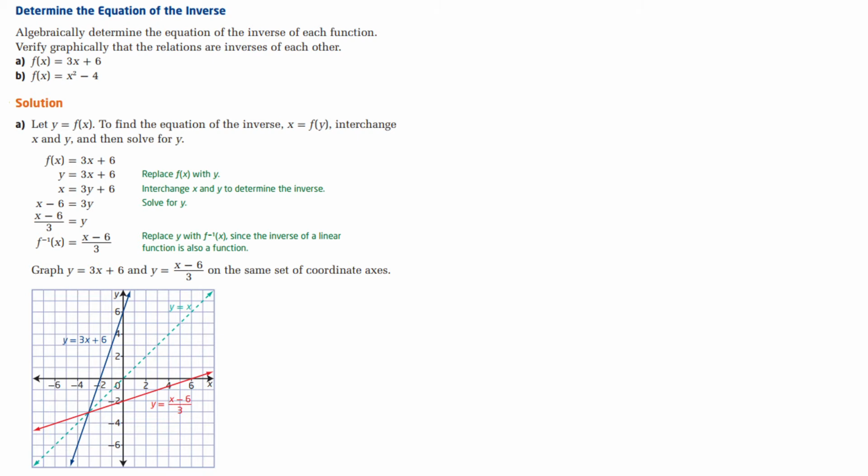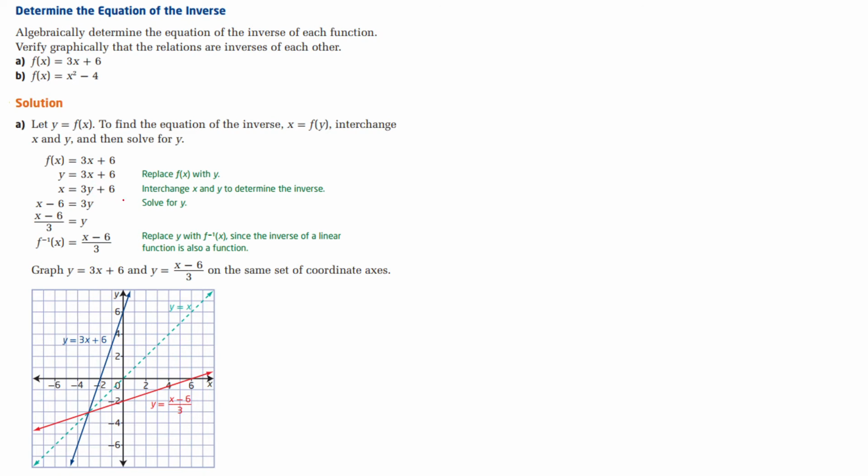Example 1: f(x) equal to 3x plus 6. It's a step-by-step process. First, we know that in the inverse function, the point (y, x) is on the inverse function. So we first interchange x and y. So y becomes x and x becomes y.